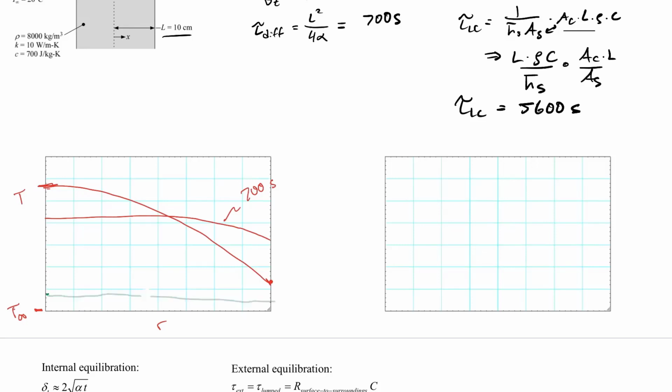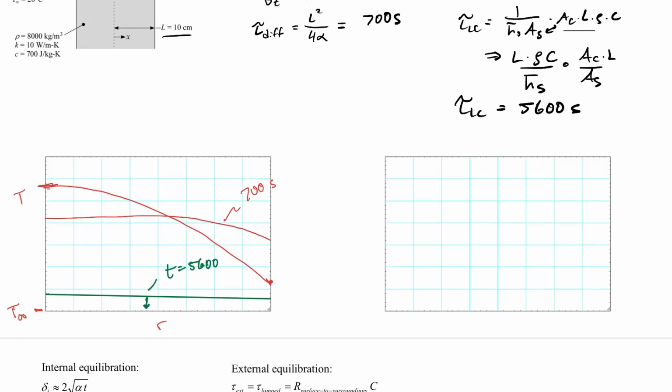And as we go to infinity, it approaches T infinity. That makes sense?